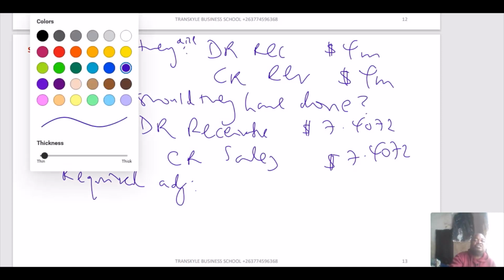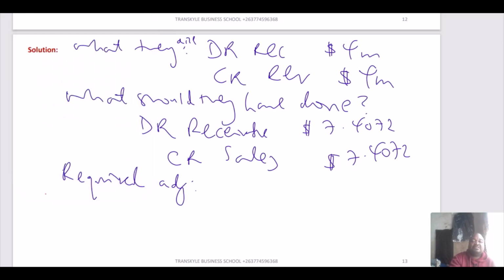The required adjustment, ladies and gentlemen, depends on our understanding. Since they recognize this receivable of 4 million and revenue of 4 million, the required adjustment should be the difference between this and this.